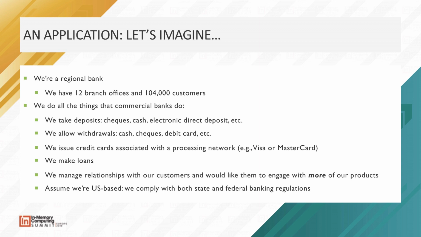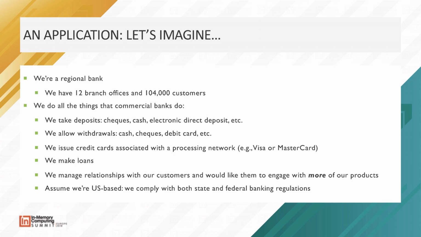So let's imagine that we are a regional bank. We have 12 branch offices and 104,000 customers. And we do all of the things that commercial banks do. We take deposits. They could be checks, cash, electronic direct deposit, etc. We allow withdrawals through similar mechanisms, including your debit card, which is generally processed by a processing network like Visa.